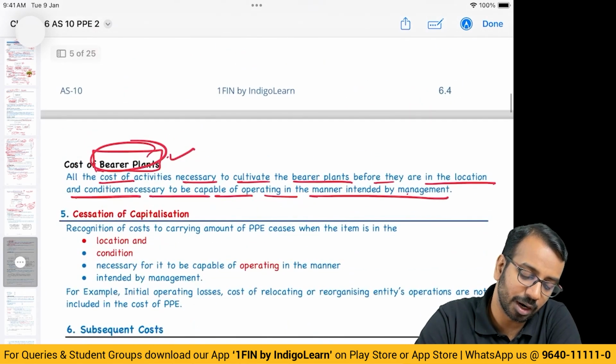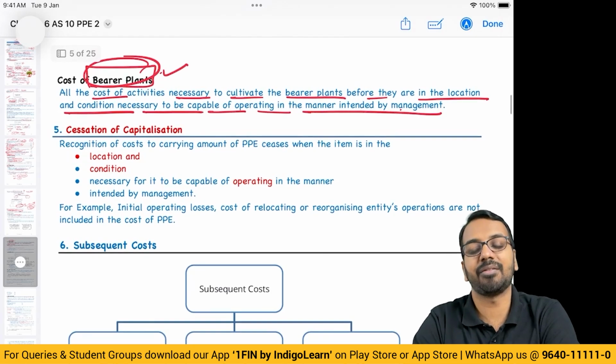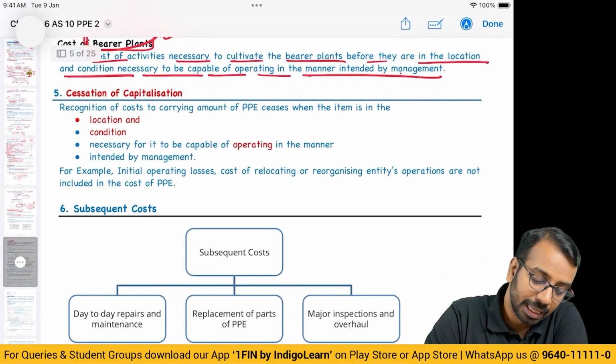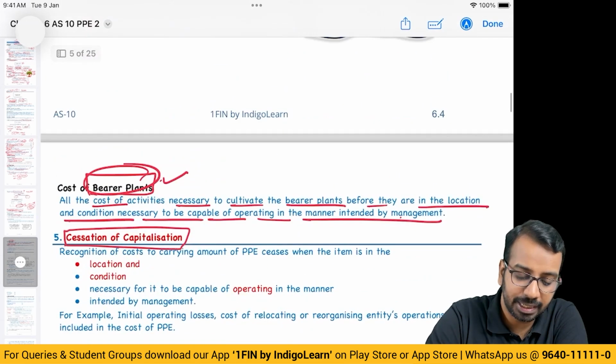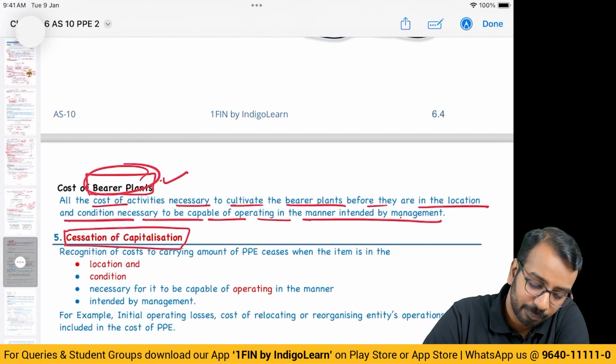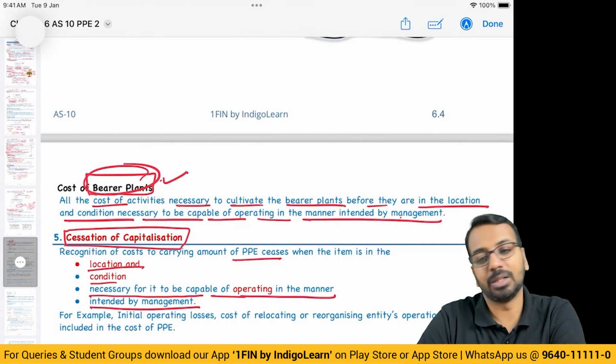See, as far as bearer plants and agricultural activity are concerned, you will learn more about it in CA Final. That is where it is more relevant. Then, when do we stop capitalizing the cost? We said all the cost incurred till the PPE reaches the location and condition necessary for it to be capable of operating in the manner intended by the management.